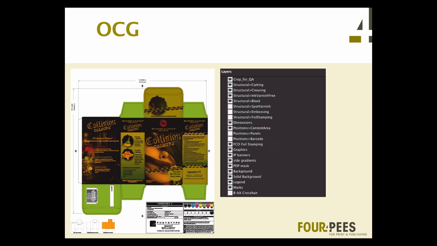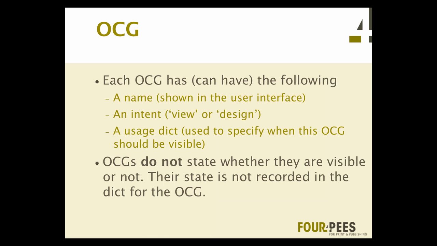What you see here is a screen grab from PDF Toolbox where you see the names of all of the optional content groups in that particular document. There's a whole bunch of them, which is very common in files for packaging or other workflows like large format production. You typically find all of those things in there.